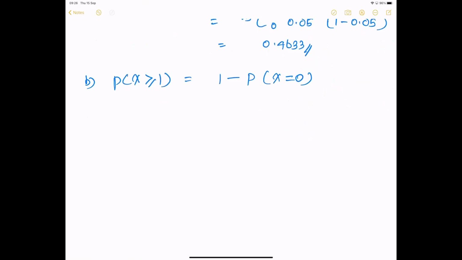So 1 minus 15C0, 0.05 to the power 0, 1 minus 0.05 to the power 15 minus 0, right? Then you can take the answer as 0.5367, right? This is how to find the probability of x greater than or equal to 1, right?